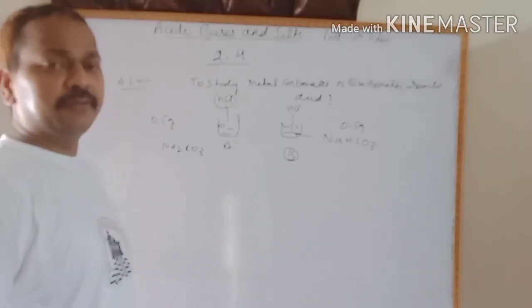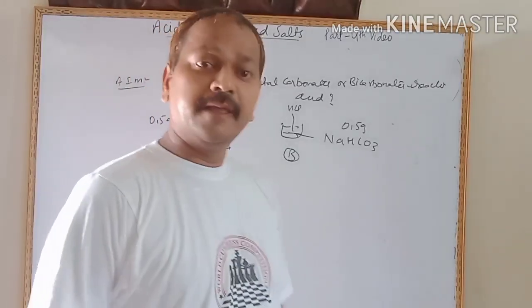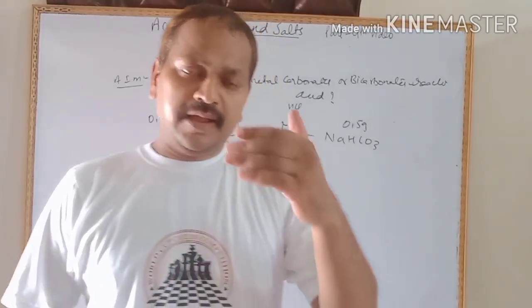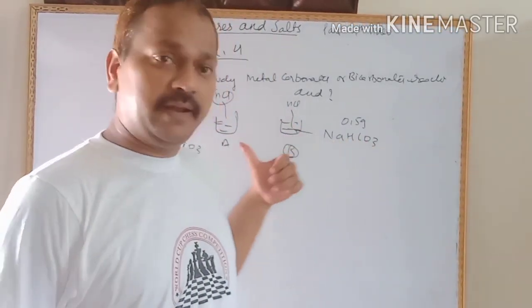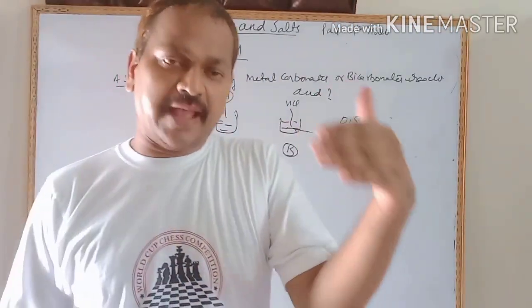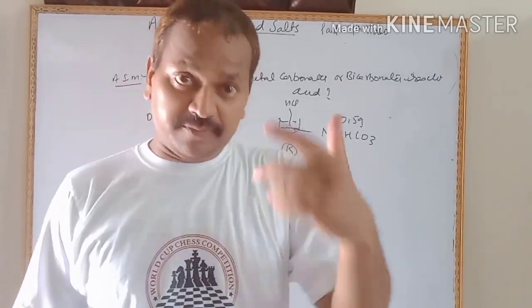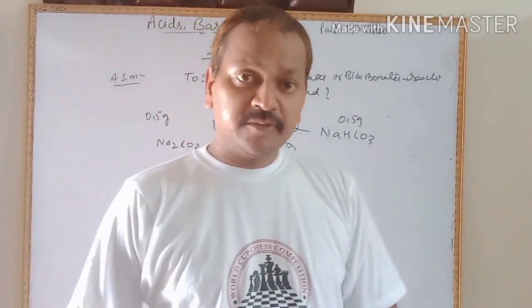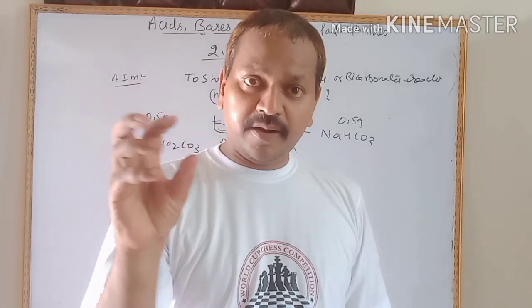So according to this activity, what do you observe? We already know the reaction; we have already studied it. Sodium carbonate reacts with HCl, sodium bicarbonate reacts with HCl. You know. So here is a common conclusion point.